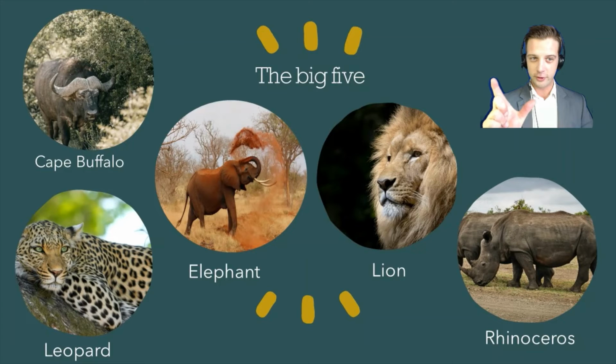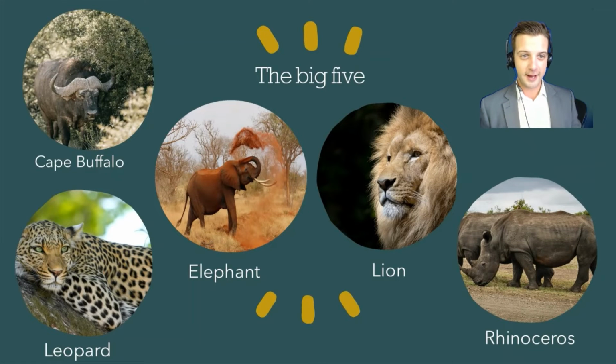Rhino is short, and the rhinoceros, the black rhinoceros, is one of the most endangered species on Earth. Endangered meaning they will go extinct if we don't do something differently soon. Okay, let's move on.